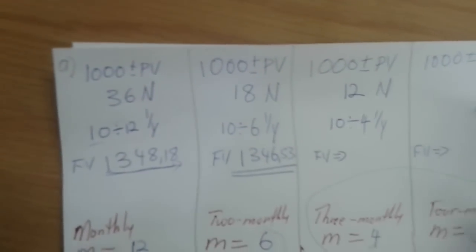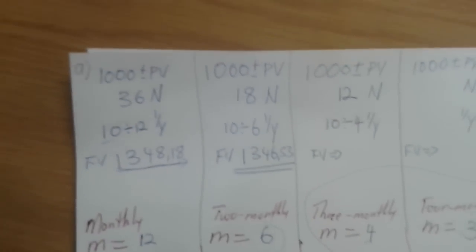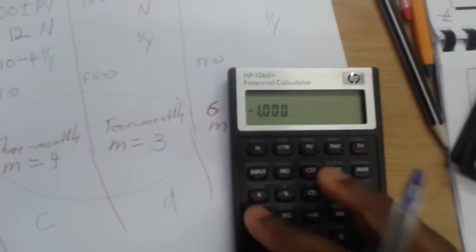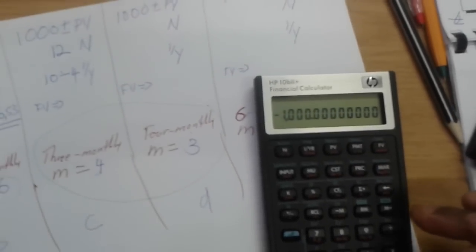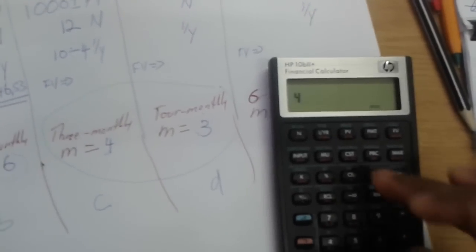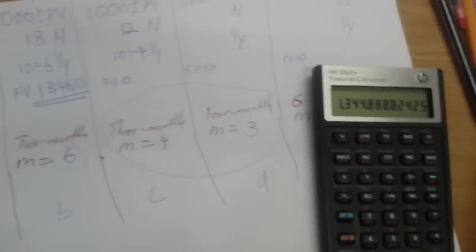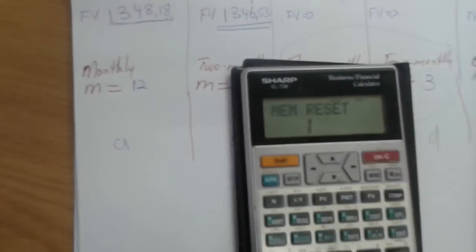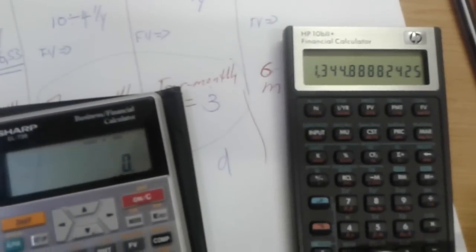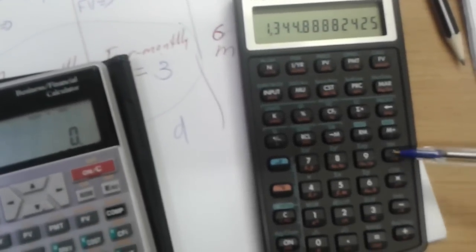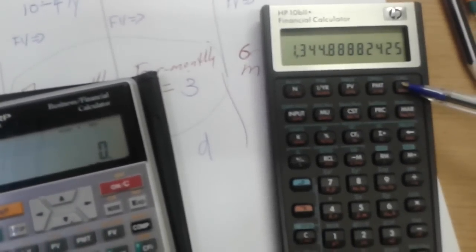Let's go to the answer. So the answer is 1000 plus minus, that is your PV, then your 12 is your N, and then 10 divided by 4 is your I, then compute FV. For the last time, I will show you how to use both calculators; from now onwards, I believe you will know. Remember, 1000 plus minus PV, 12 is our N, and 10 divided by 4 is our I, then we compute FV.